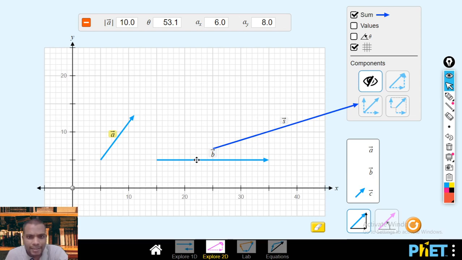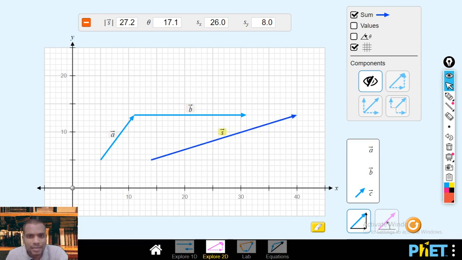Here we are adding head to tail. So at the first vector's head, I bring the second vector's tail. Now if I bring the sum vector back, it is exactly matching.